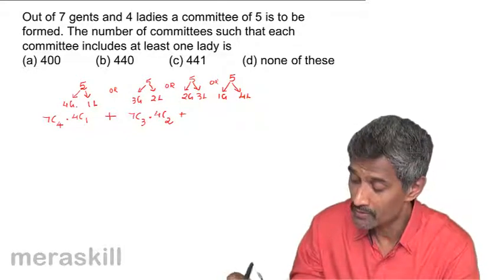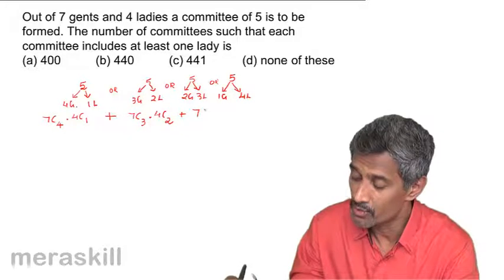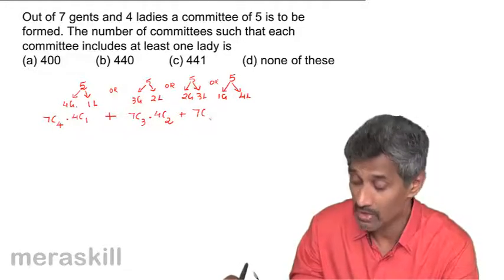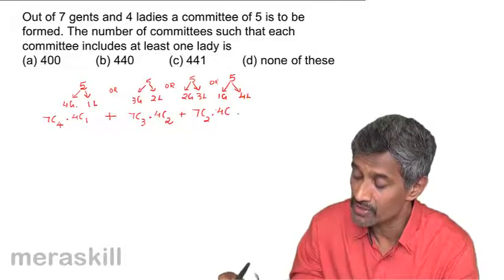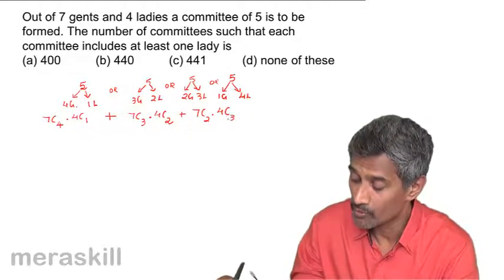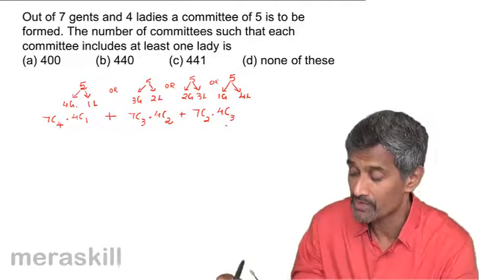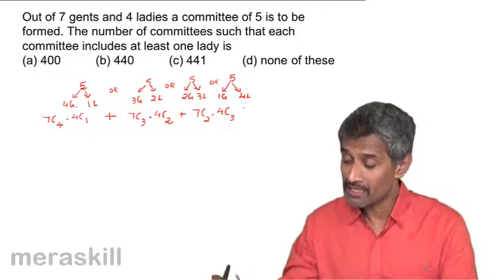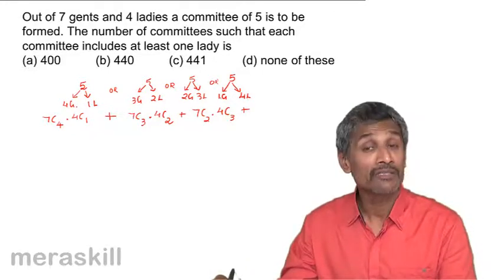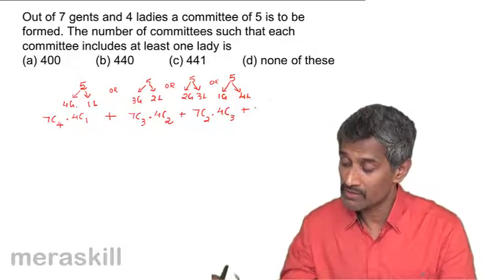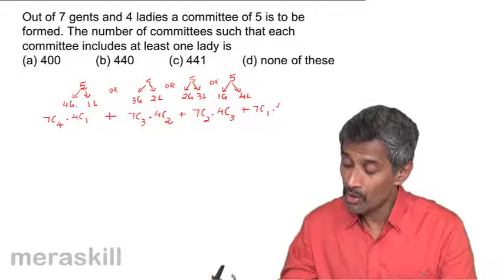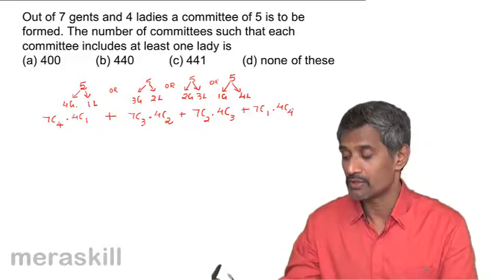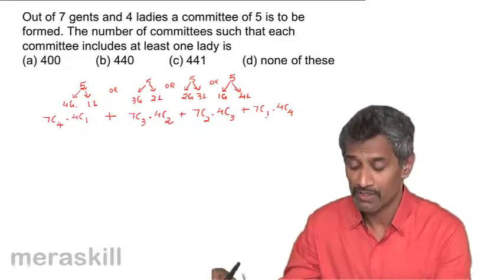Or 2 gents chosen out of 7 and 3 chosen out of 4. The number of ladies maximum is 4. And the last possibility is 1 gent chosen out of 7 and all the 4 ladies chosen. So there is only one way in which that can be done.